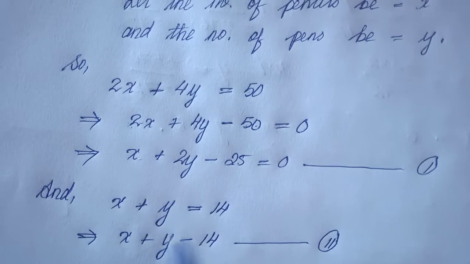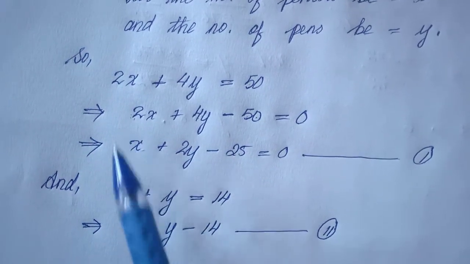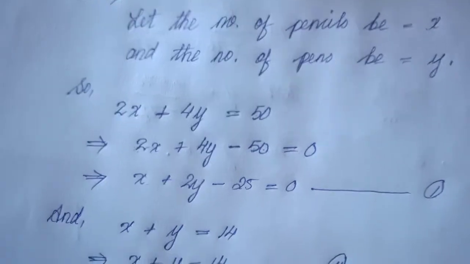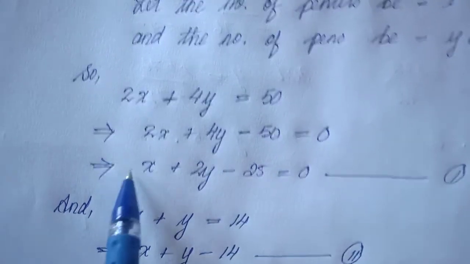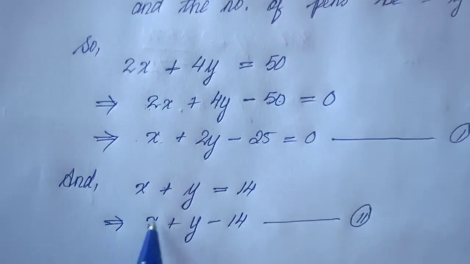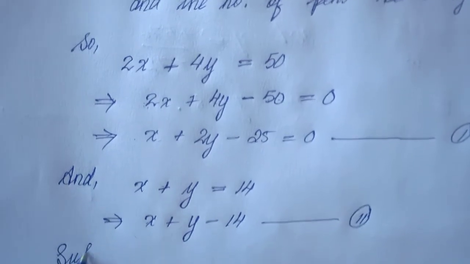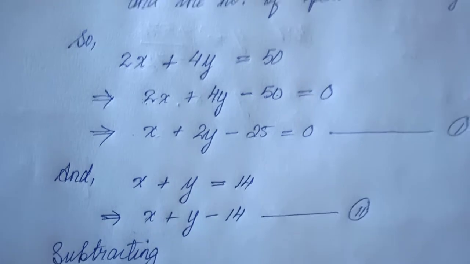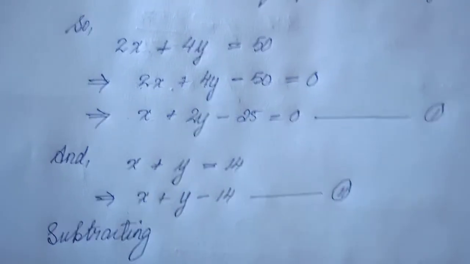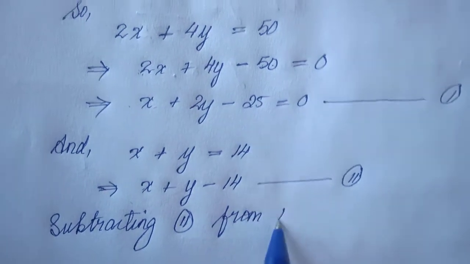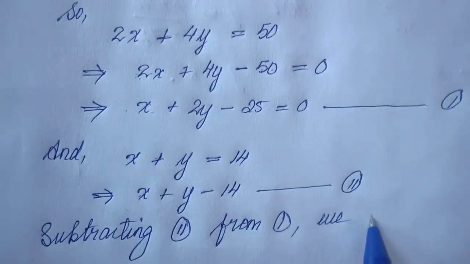So looking at equation 1 and 2, I have x on both equations. Okay, that means that I can use subtracting because both have positive. If it has positive and negative, we can use adding, but here both are positive, so that means that I have to use subtracting, equation 2 from equation 1.